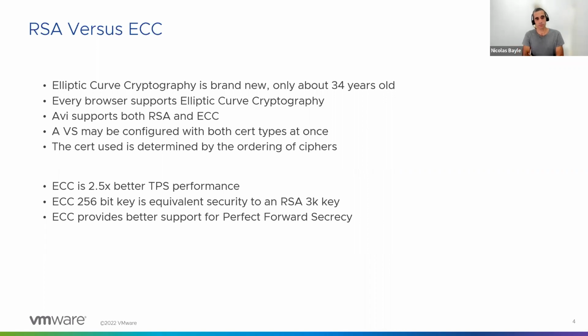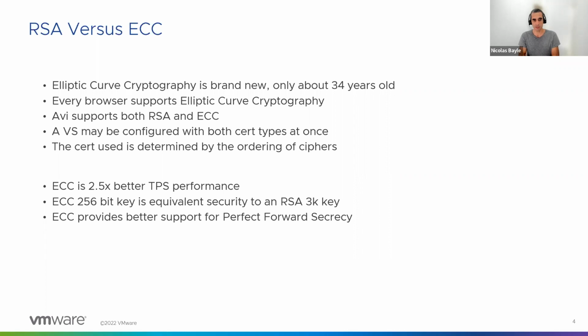The first one is probably because we are talking about security, right? If you compare the capabilities in terms of encryption between elliptic curve certificate and RSA, you see the point at the bottom of the slide here. An elliptic curve certificate 256-bit key is equivalent to an RSA 3000 key. So from a security standpoint, it works way better than RSA.